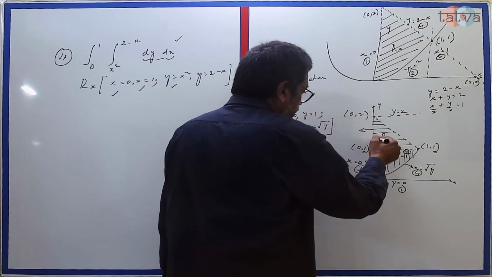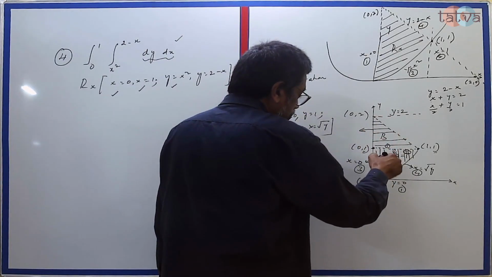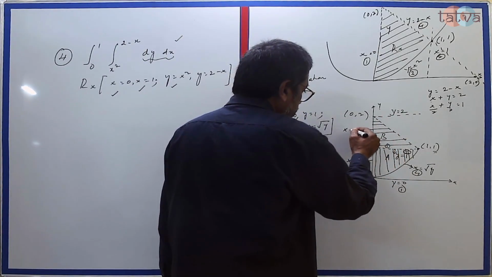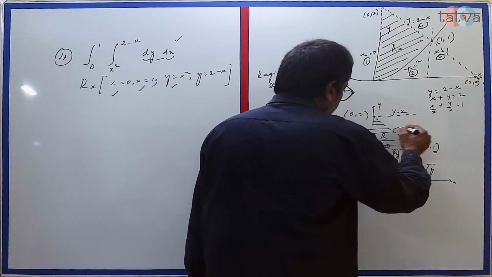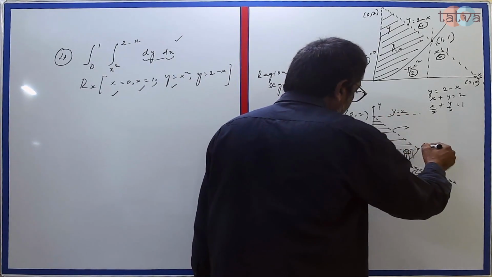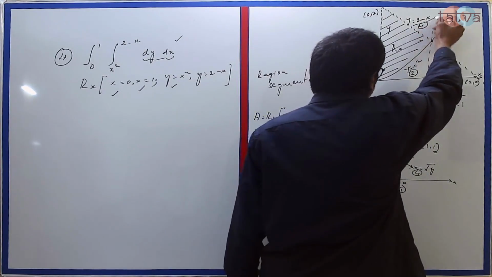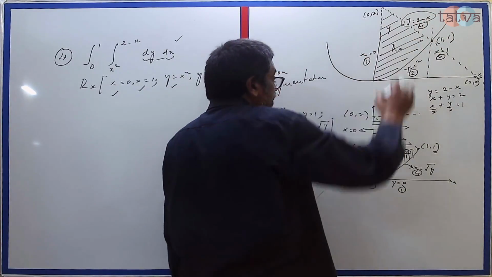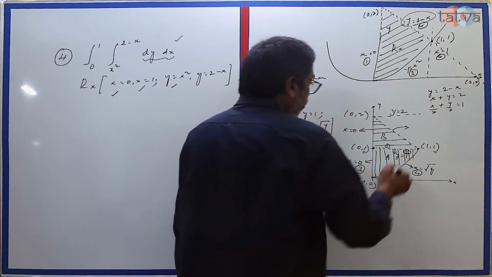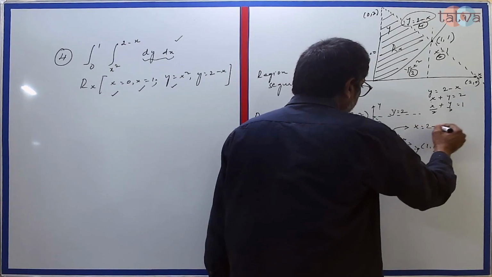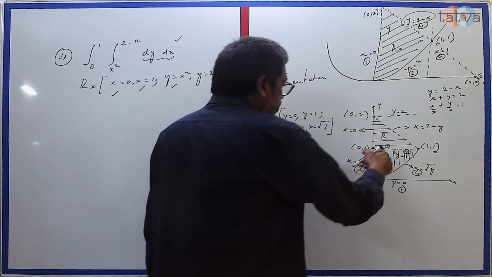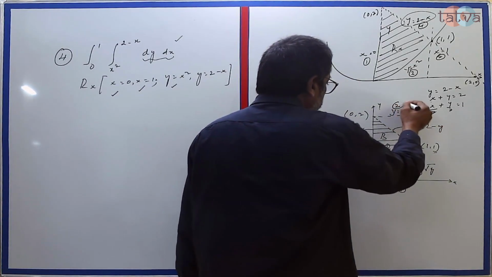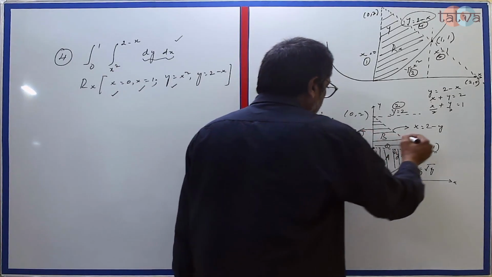This is the left boundary, which is the same as the left boundary of the lower region, x is equal to 0. But careful about this. This is the slant line, so the equation is here, but put it as x written in terms of y. So x is equal to 2 minus y. So if this is 1, this is 2, this will be 3, and that will be 4.